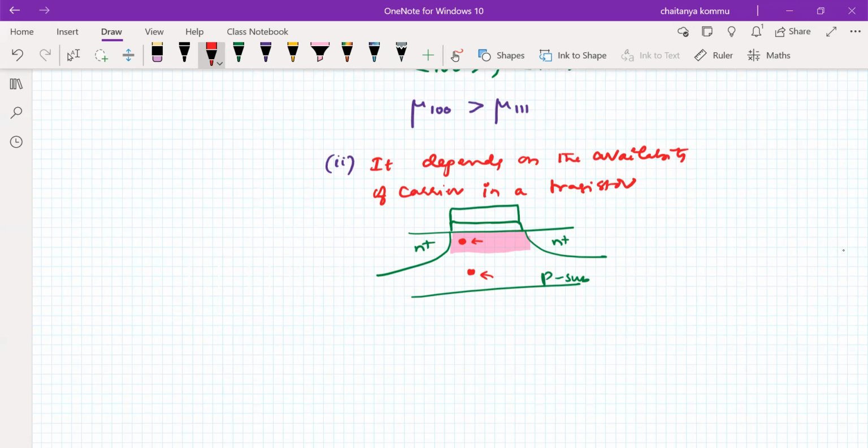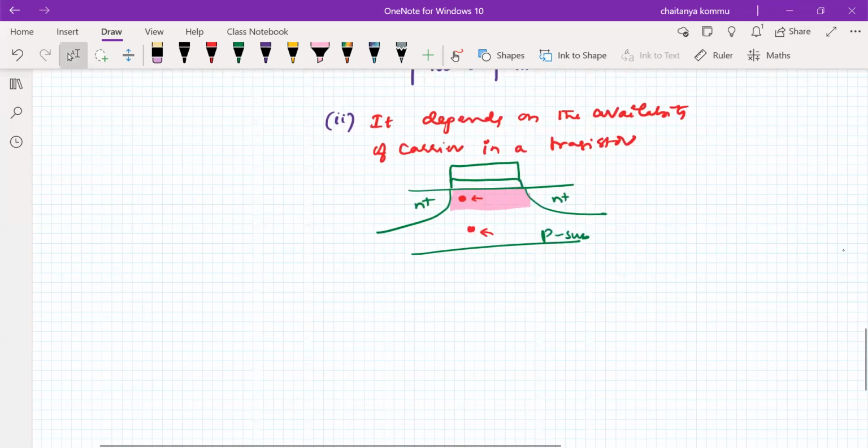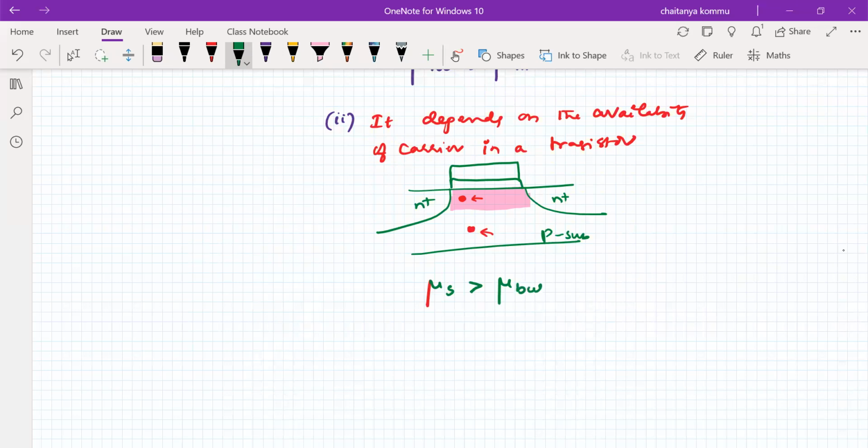Generally, the surface mobility of the electron, or whatever the carrier is, is lower than the mobility of the carrier at the bulk.